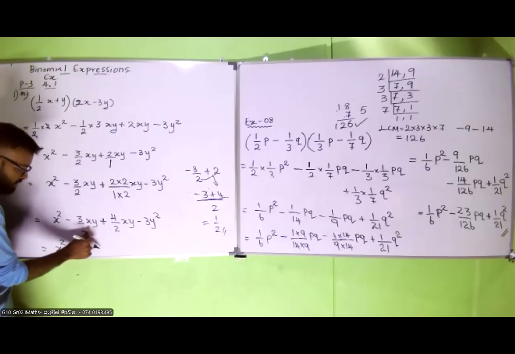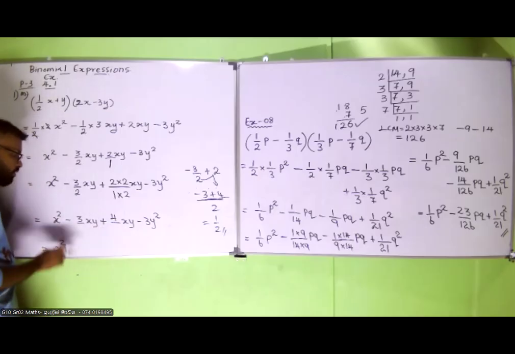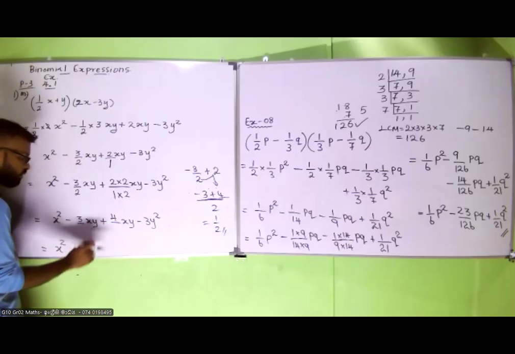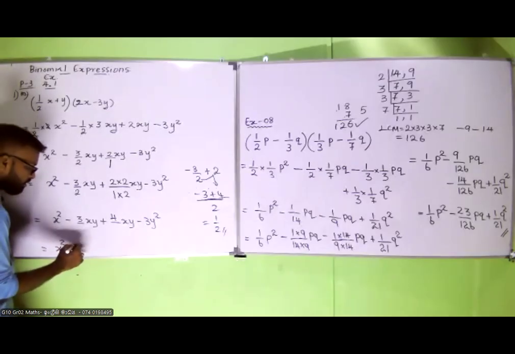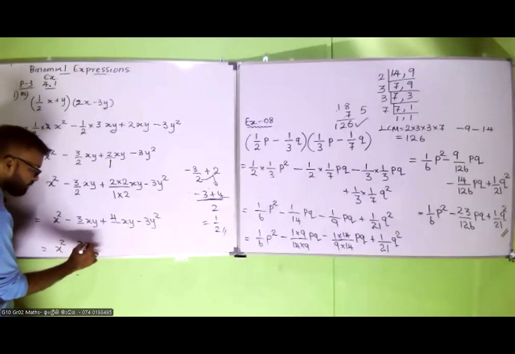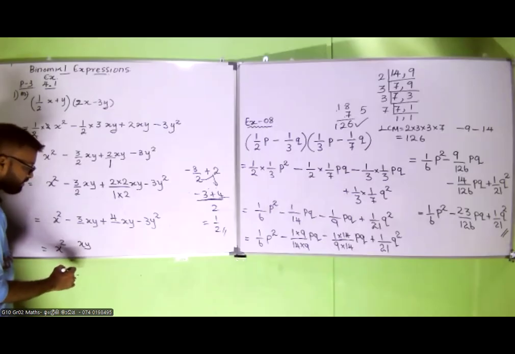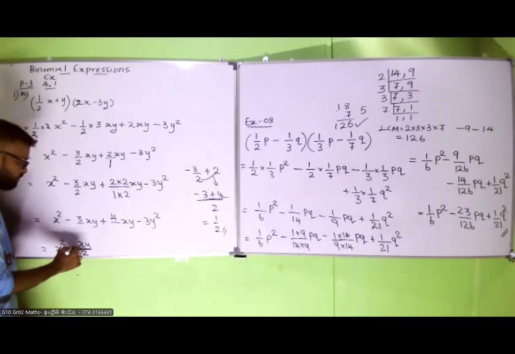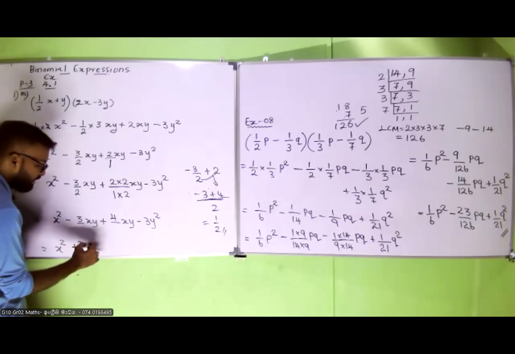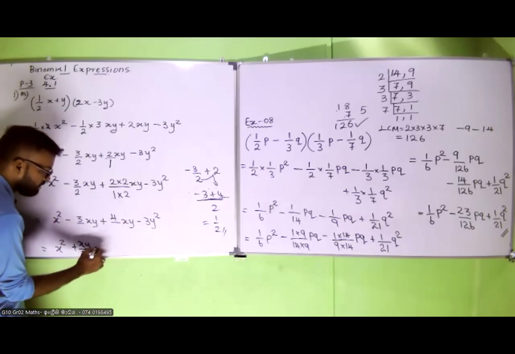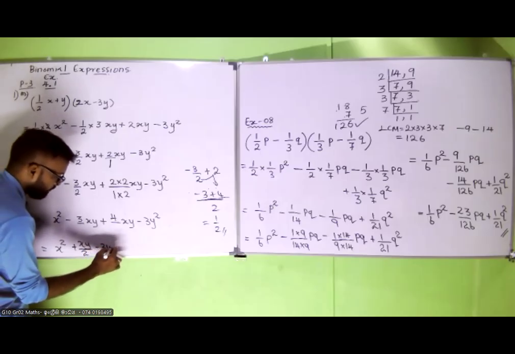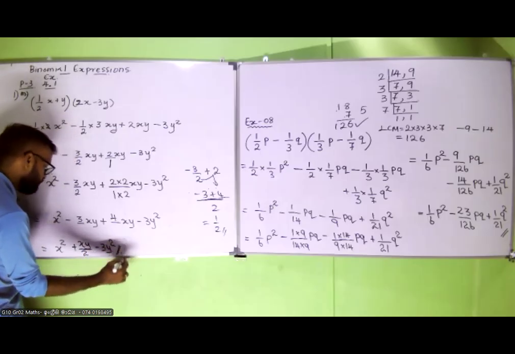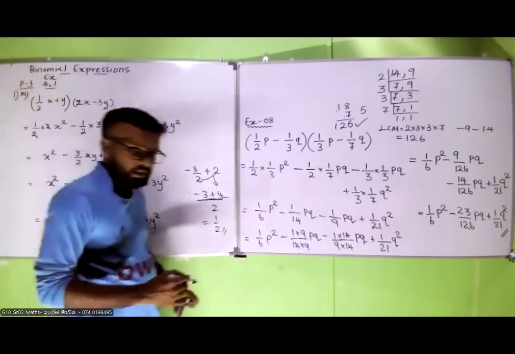Now your denominators are equal with 2. So minus 3 plus 4. That means xy. After you simplify this, xy. So the denominator will be half, right? Divide by 2. Positive xy divided by 2 minus 3y square. And this should be the answer. Right?